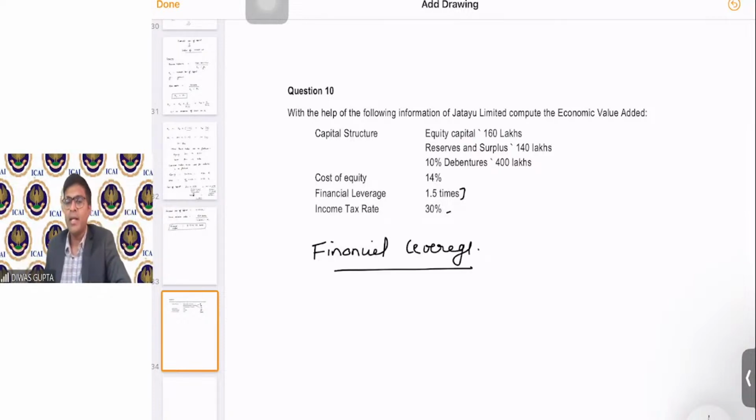What is exactly meant by financial leverage? Yes, students, tell me, what do you mean by financial leverage?